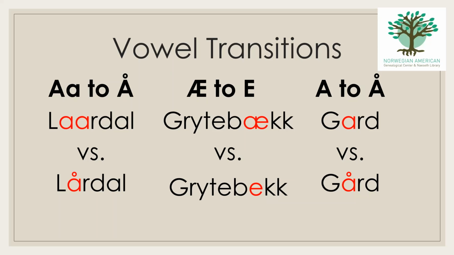So other than the obvious Olson with an EN or an ON, there are some vowel changes that were relatively common, and I'm going to give a few examples here on the next few slides. One of the ones that I wanted to talk about is the letter Å, the A with a circle over it. That is a relatively new letter in the Norwegian language.